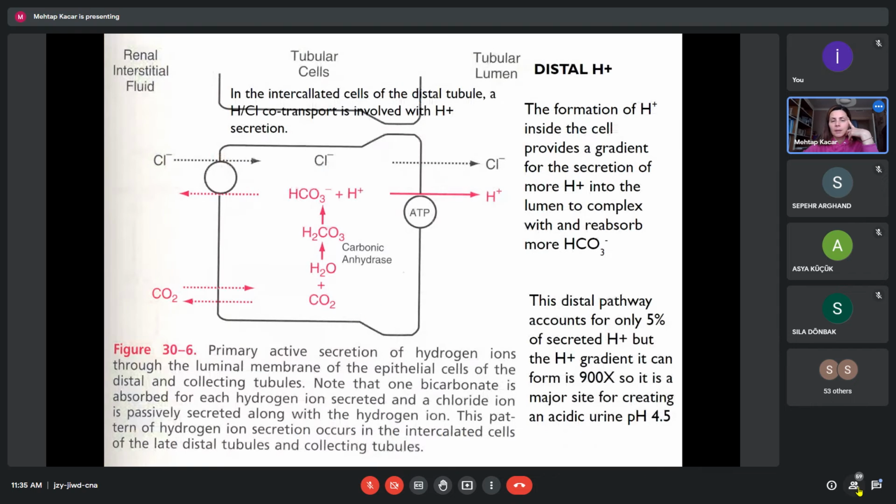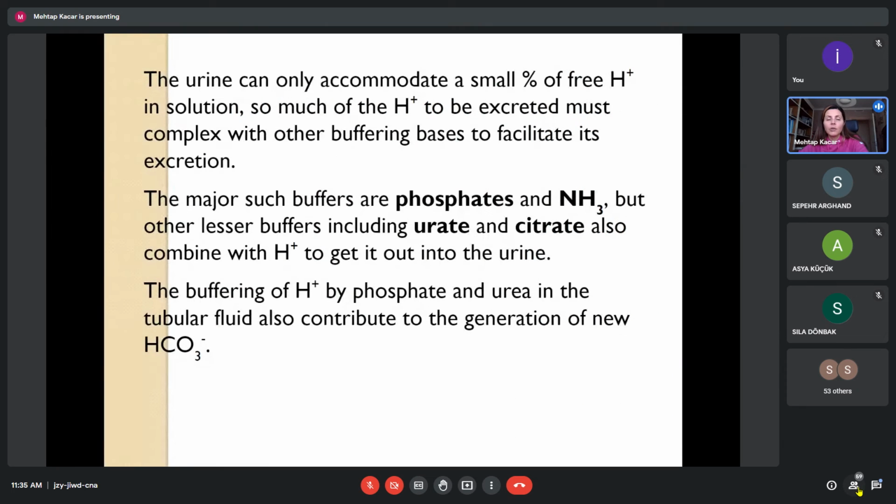Yes, and they are very detailed. You don't need them. In the distal tubule, we secrete hydrogen ion via a specific pump, the hydrogen ATPase pump. The urine can only accommodate a small percent of the free hydrogen in solution.